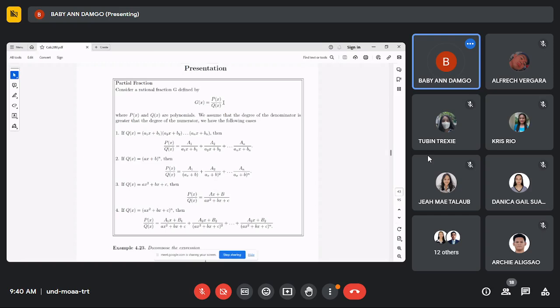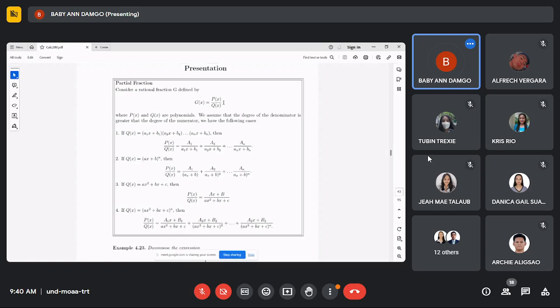So meaning, ang degree class, mao ni siya ang pinakadako og power. Okay, so example, if we have x squared plus x plus 1, the degree is 2. Another, x cubed minus 2x squared plus x plus 1, the degree is 3. So para makagamit ta og partial fraction class, dapat ang degree sa q kay dako pa sa p.